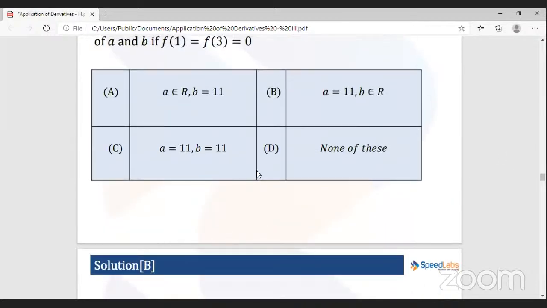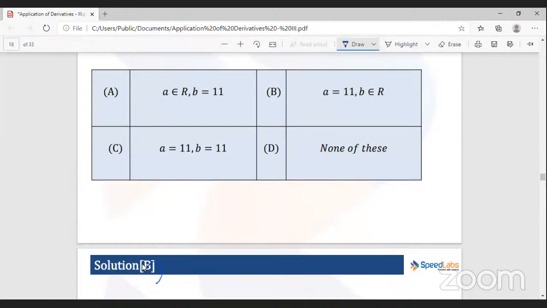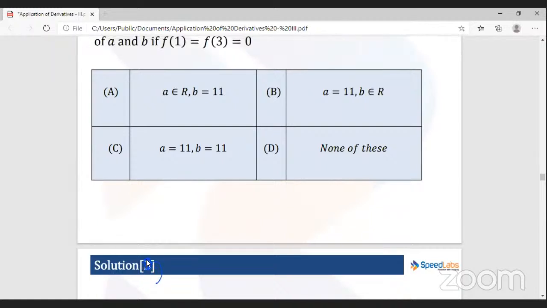It's not B, it's D here. B is in a more general sense, and B satisfies the conditions given in the question.